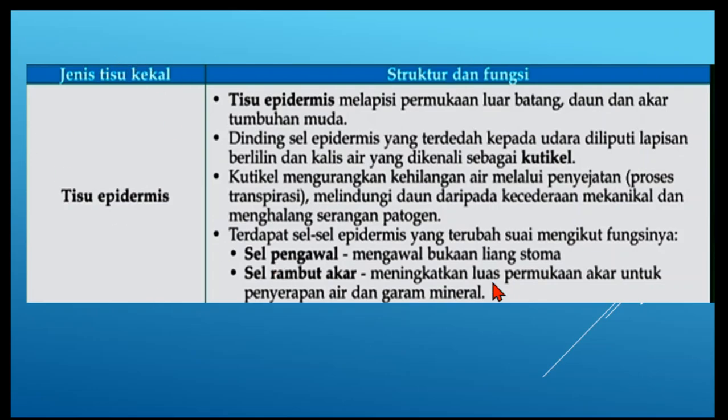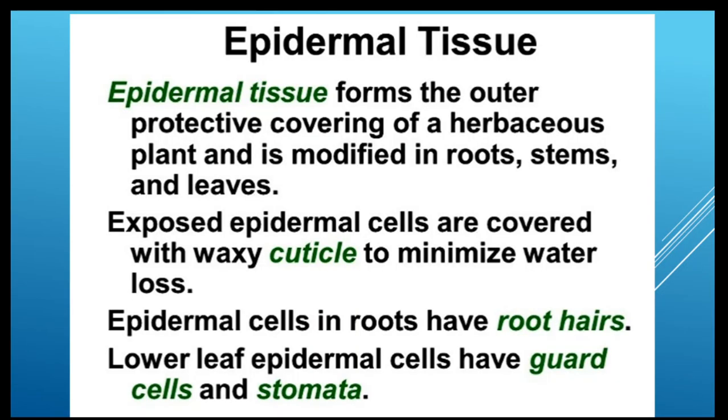Alright. The second one, okay, so this is the Malay version. Okay, the Malay version. You can check your digital textbook if you have download the Malay version one, because the English version is not available yet. Okay, so epidermal tissue form the outer protective covering of herbaceous plant, tumbuhan herba, okay, and modified in root, stem, and leaves.